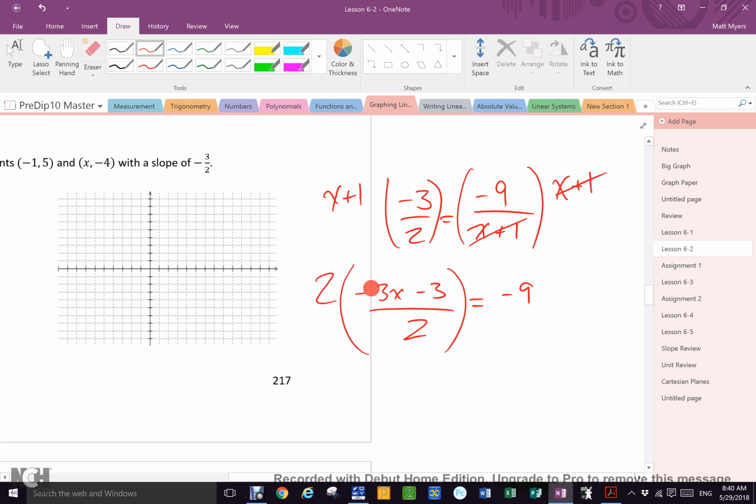Multiply by 2. If you multiply the left side, what do you do with the right side? Multiply by 2. Cancel, cancel. Negative 3x minus 3 equals negative 18. You can see that you had to multiply the x plus 1 by negative 3 there, and you had to multiply the negative 9 by 2 there.